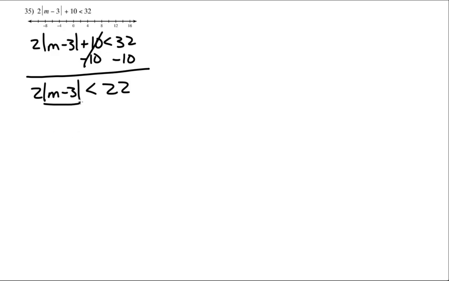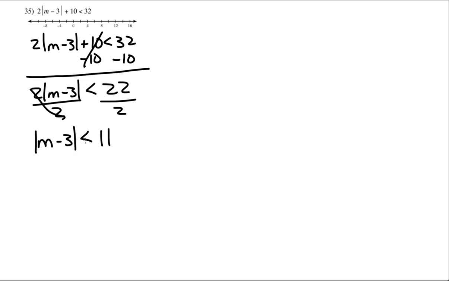Now again, I want to isolate the absolute value, and I have 2 times that. So the opposite of times 2 is to divide by 2. And I'm left with the absolute value of m minus 3 is less than 22 divided by 2, which is 11. So remember, we have less than and greater than.